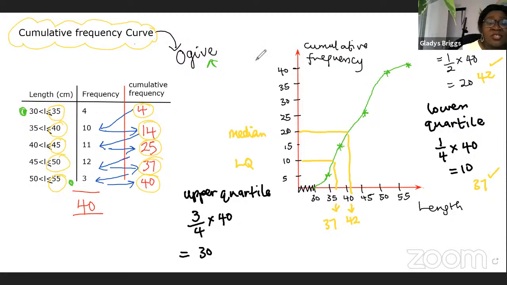So once you've got that 30, you need to come up to your graph here and follow it, and then come all the way down. And that looks like 47, okay? So your answer for the upper quartile is 47. Once you've done it, then you're finished, okay?